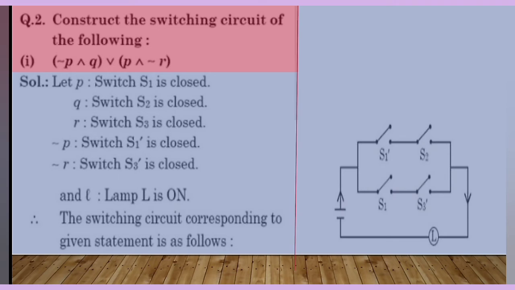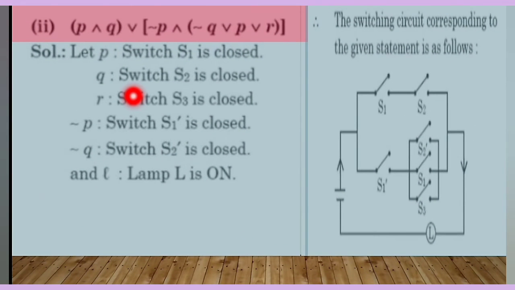Next is: in bracket P and Q, or in bracket negation P and negation Q, or P or negation R. First, write down the statements: P, Q, negation P, negation Q, and negation R. P means switch S1 is closed, Q means S2 is closed, R means S3 is closed.